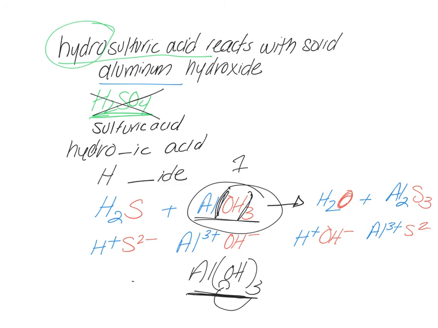Okay, and then let's try and balance it out. I'm just looking at it first to see if I could balance it in my head. So we have H, S, Al, and O, H, S, Al, and O. Counting on the product side, I have 2 aluminums, 3 sulfurs, 2 hydrogens, and 1 oxygen.